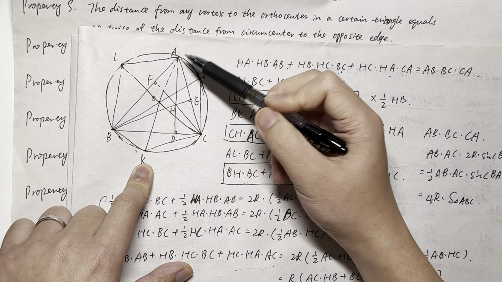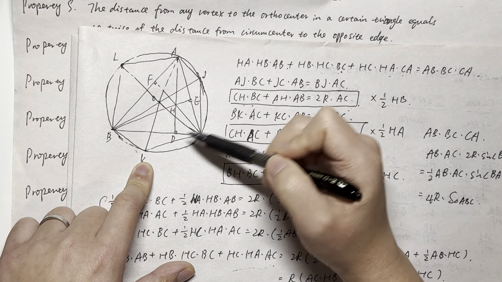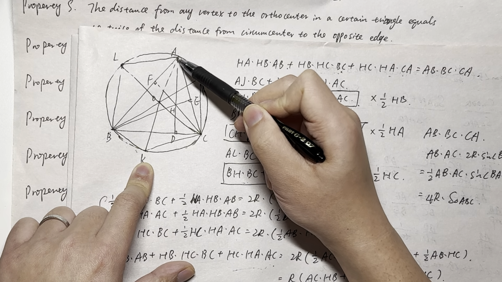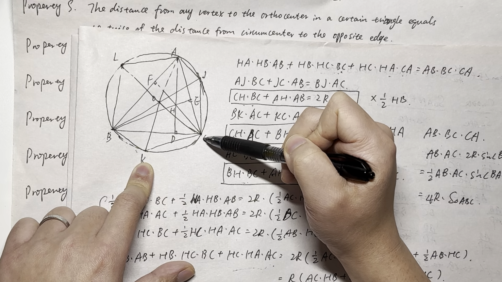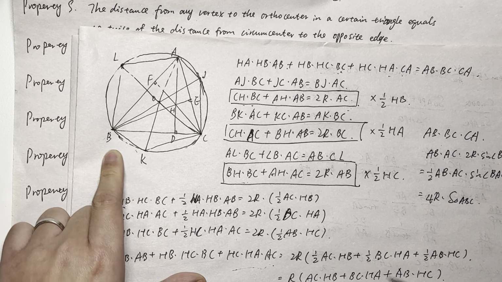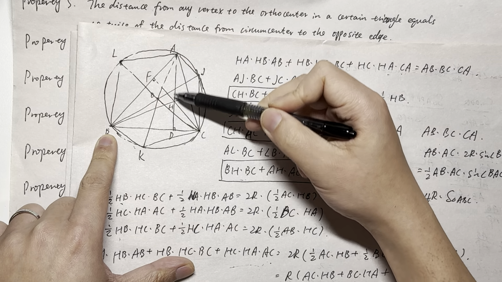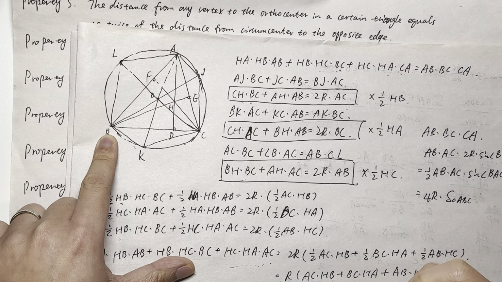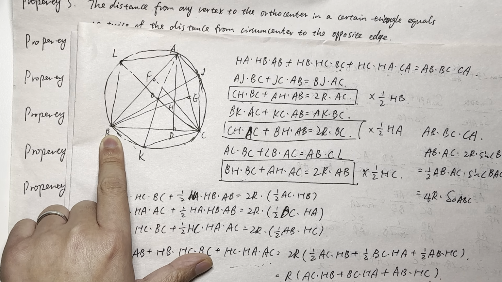We notice that the area of ACKL is actually 4 times the area of triangle AOC, right? That makes the first term 4 times the area of triangle AOC. Similarly, BC times HA equals BC times CJ, so that is 4 times the area of triangle BOC.